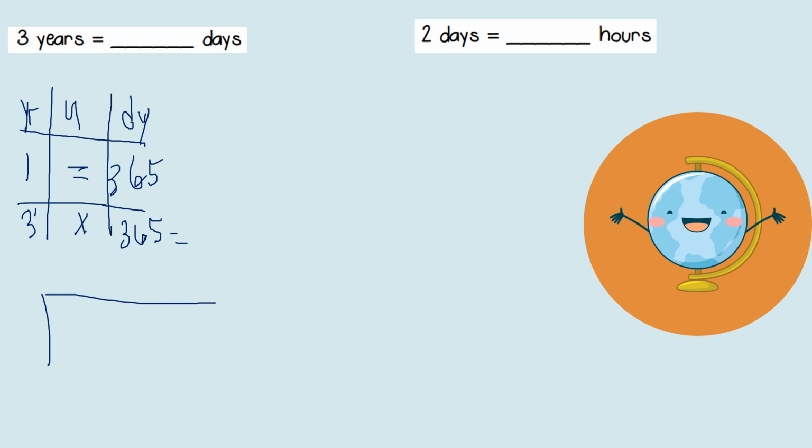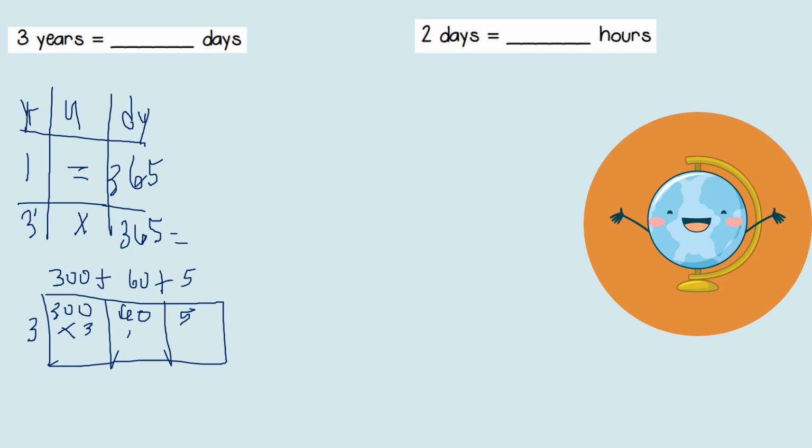All right, so area model people, I draw my box. I need 3 sections because 365. Remember, I break it into place value, expanded form. And then I put my 3 on the side. Whatever's at the top comes down. Whatever's on the side comes across, and I'm trying to multiply. So 300 times 3.